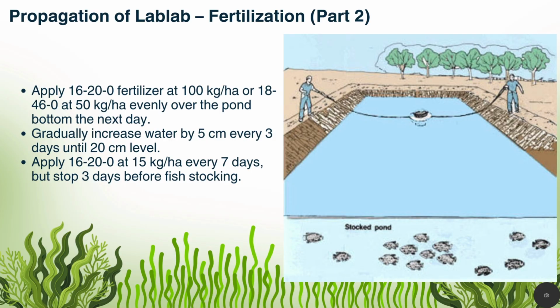During the rearing period, 16-20-0 fertilizer is applied at 15 kilograms per hectare every 7 days, but application must stop at least 3 days before fish stocking. These practices ensure a steady supply of nutrients for the lablab while maintaining water quality suitable for fish.